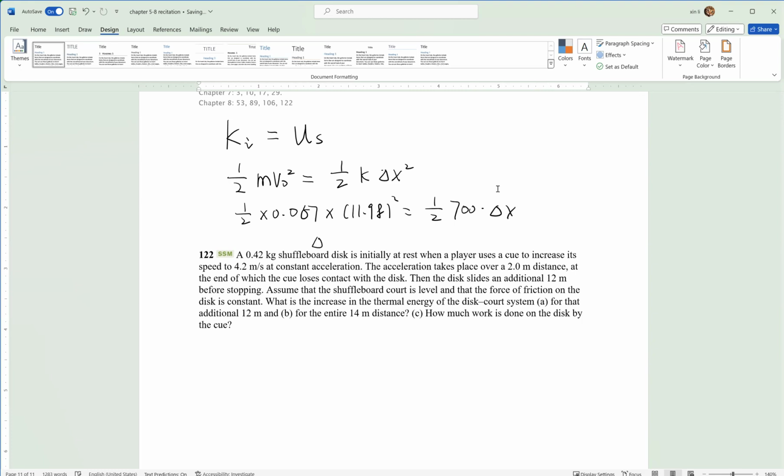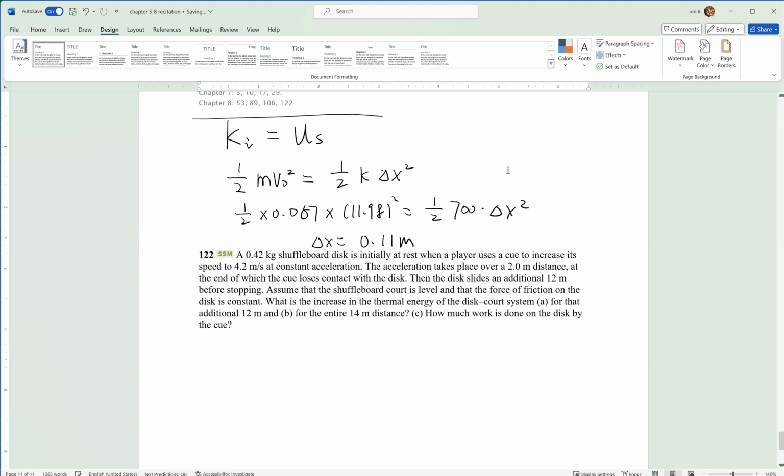So if I do this, what I will get? So it's 0.057 multiplied by 11.98 squared divided by 700. Yeah, okay. So you are going to get 0.11 meter.